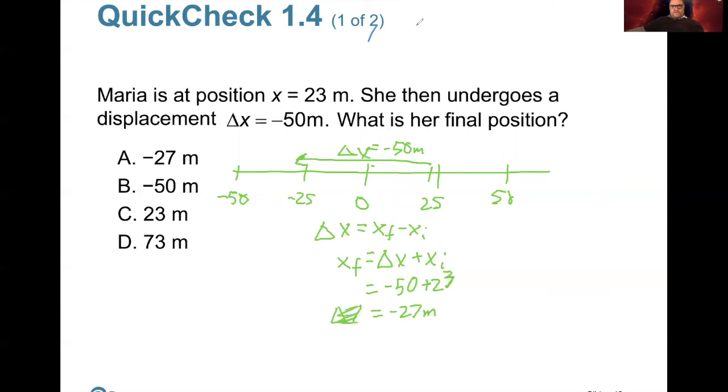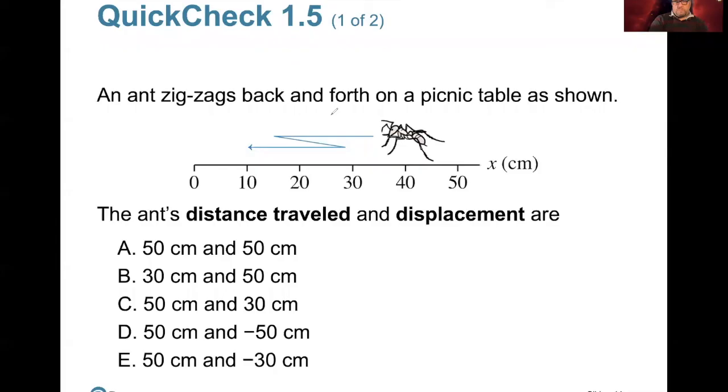Oh man, let's see, I'm doing it again. I'm talking, and sometimes when I talk, my hand writes something else, but that's okay. So x final is going to equal minus 27 meters. And sure enough, the answer is, in fact, minus 27.